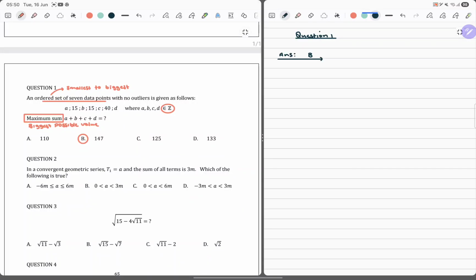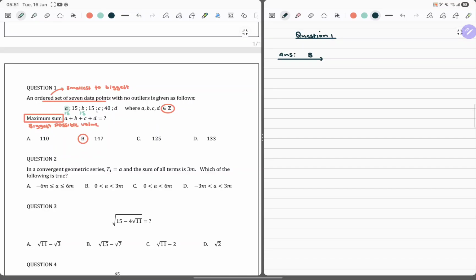Now, at times you may want to explore this and ask what the possible value for A could be. If we're doing a maximum sum, it means A must be as big as possible. Seeing 15 is repeating here, most likely the biggest A can be is 15. And B, being interspersed between 15 and 15, must itself also be 15. That would be the biggest value it can be.